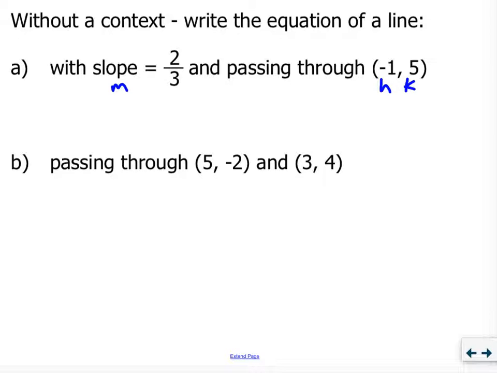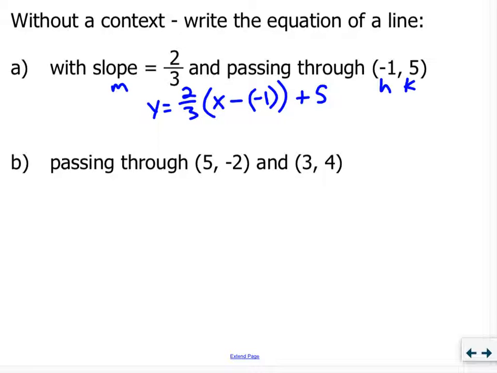Ooh, here's where we've got to be careful. Do you see that the h value is -1? So when I write my equation, in parentheses, it's x subtract the value h, plus k. Oops, and my k value is equal to 5.